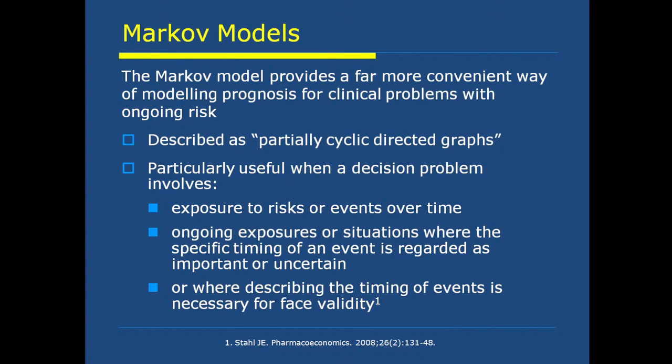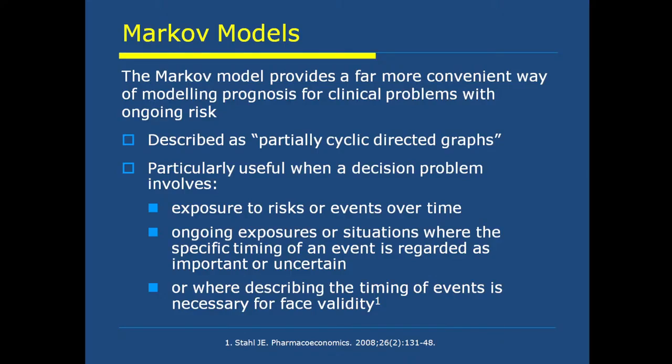The next type of model used to estimate the effectiveness of treatment is the Markov model. Markov models provide a far more convenient way of modeling prognosis for clinical problems with ongoing risk.